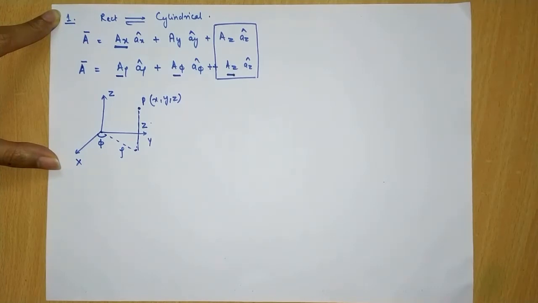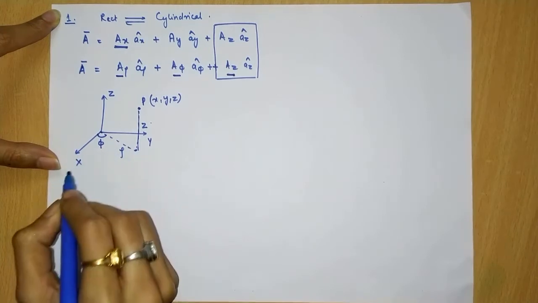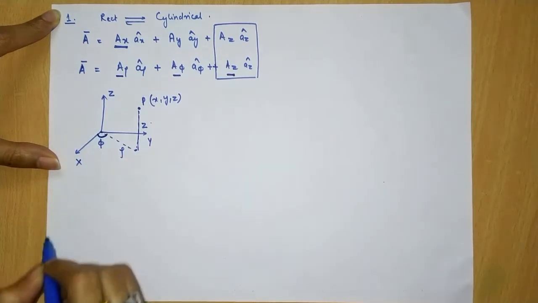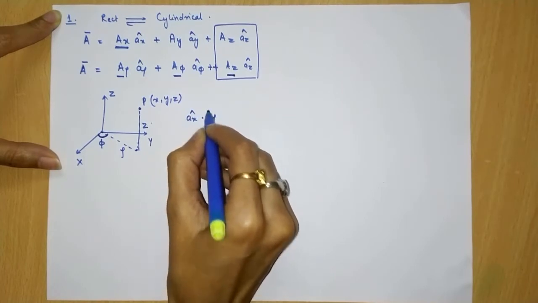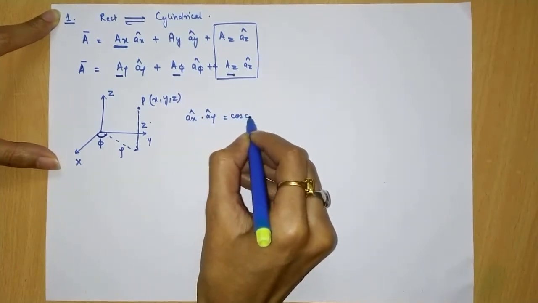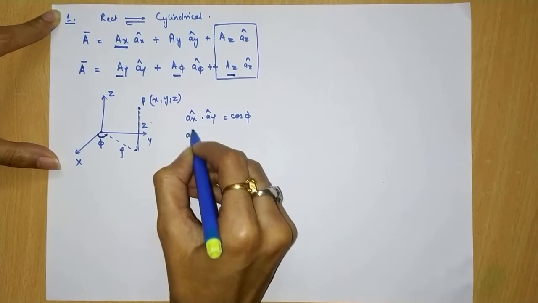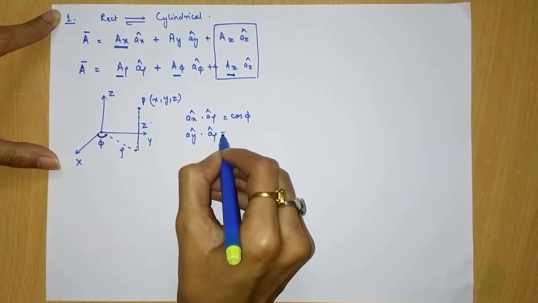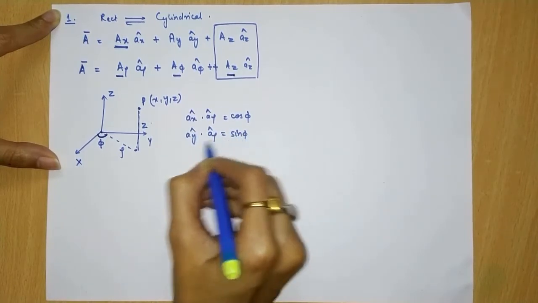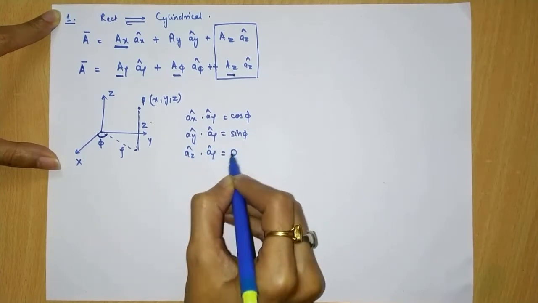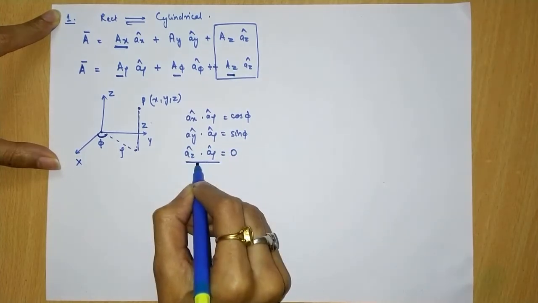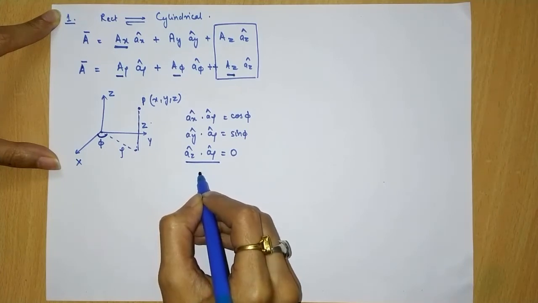Now, if we want to take the projection of this rho along x, it will be cos phi. Therefore, ax cap dot rho cap is equal to cos phi. Similarly, ay cap dot rho cap is equal to sin phi, and az cap dot rho cap is equal to 0. It means the projection of rho along z.